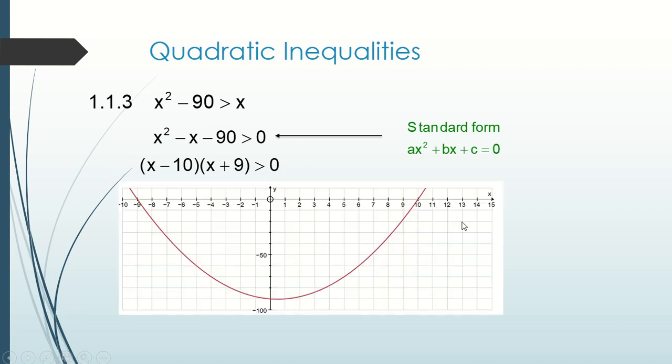So these are your critical values, x equals 10 and x equals minus 9. The question said greater than, so we are looking where the graph is above the ground. So x is less than minus 9 or x is greater than 10.